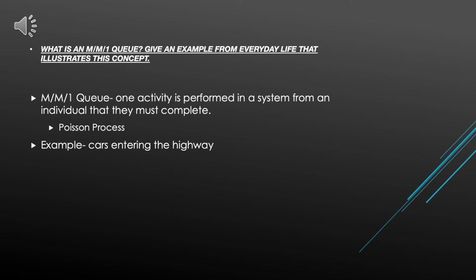And I read some of the qualities that this M/M/1 queue has to possess. The more I thought about the qualities and tried to make an example with it, I thought a pretty good example is just cars on a highway. It's super general.